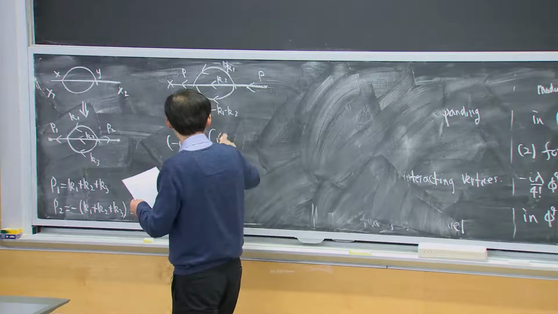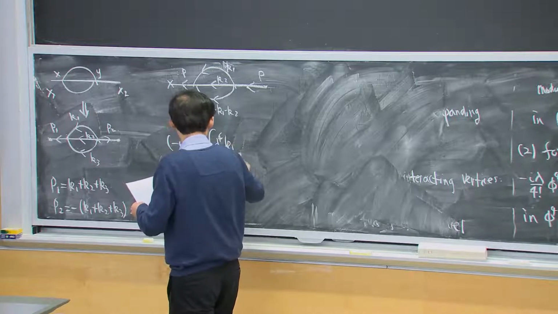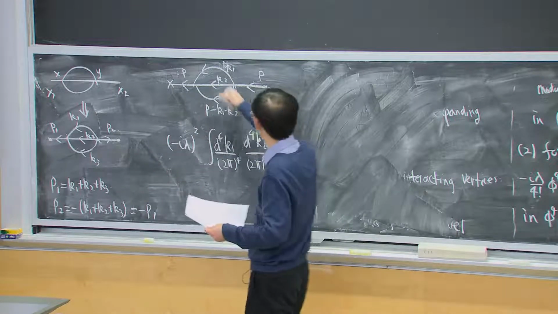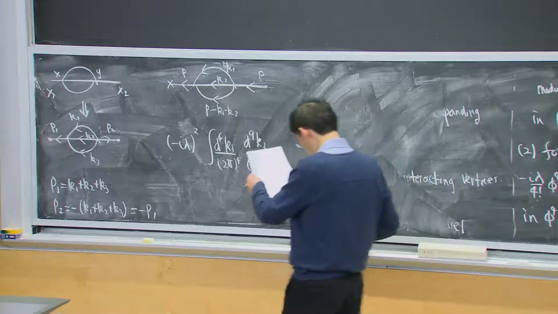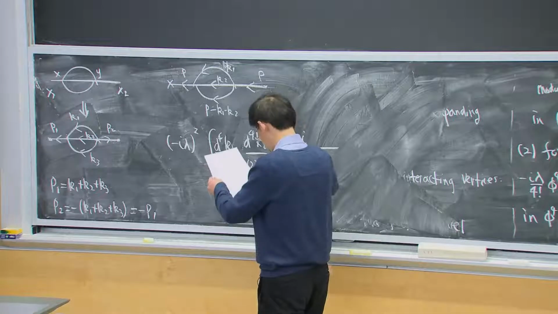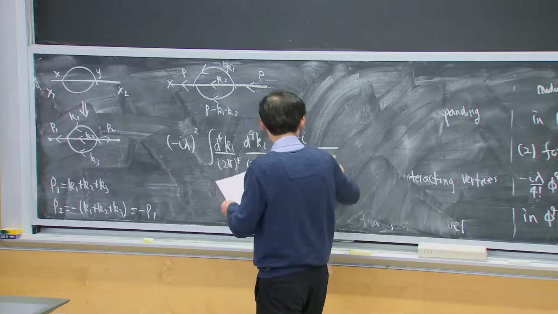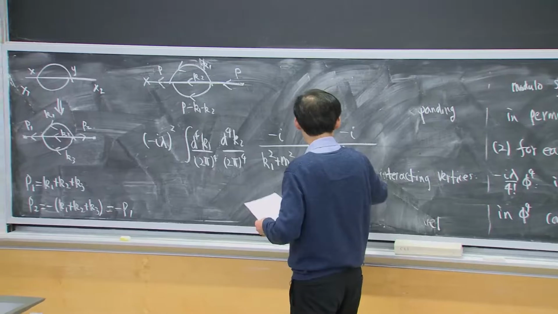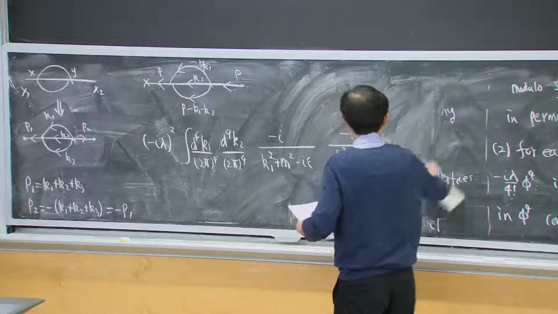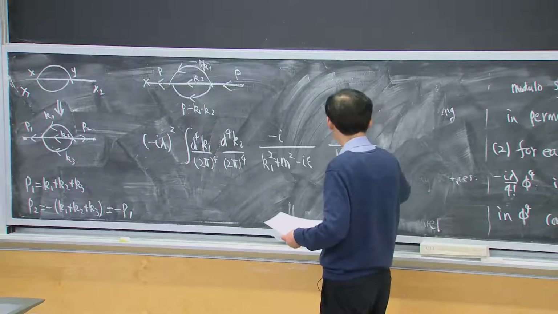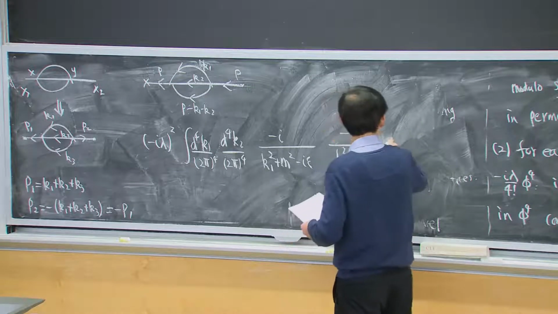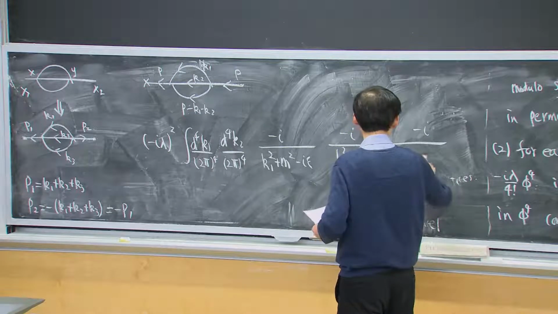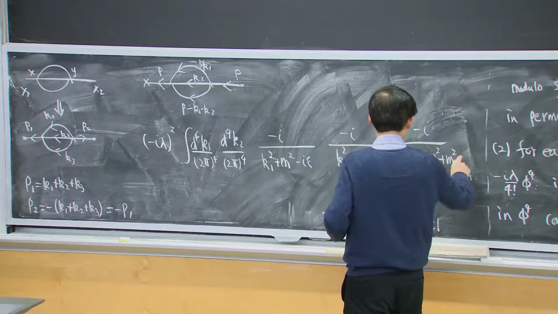So we integrate over k1 and k2, and then we write down each propagator: minus i over k1 squared plus m squared minus i epsilon, then minus i over k2 squared plus m squared minus i epsilon, times minus i over (p minus k1 minus k2) squared plus m squared minus i epsilon.